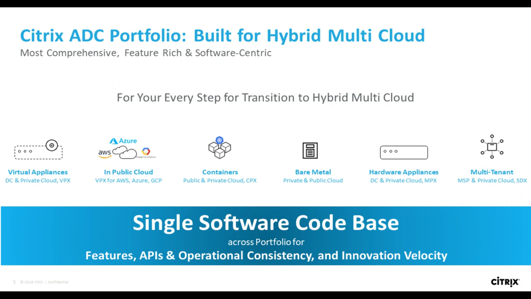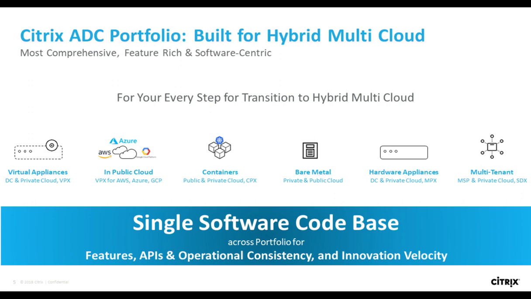The benefit of single software code base is the operational consistency. You can deploy any Citrix ADC in any form factor, any location, any cloud, any deployment model, all have similar and consistent features. So you need not learn anything new.